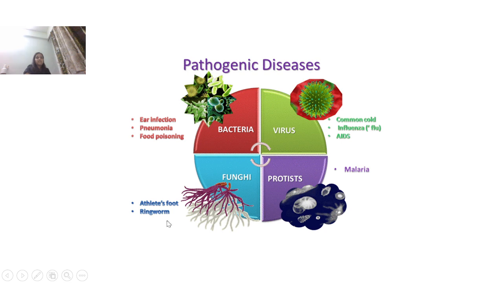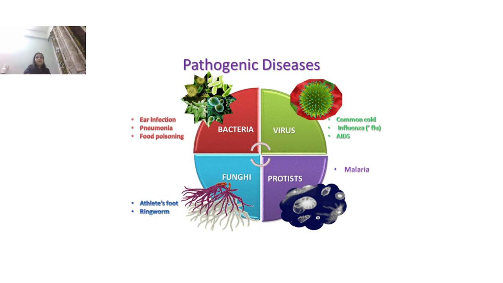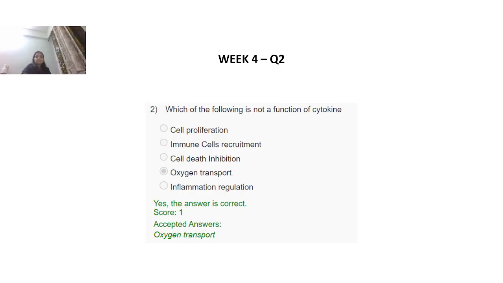Then fungi cause athlete's foot, ringworm, etc. Then protozoa can cause malaria. These are the four types of pathogen which can cause different types of diseases. I will talk about the different responses caused by all these pathogens next week.